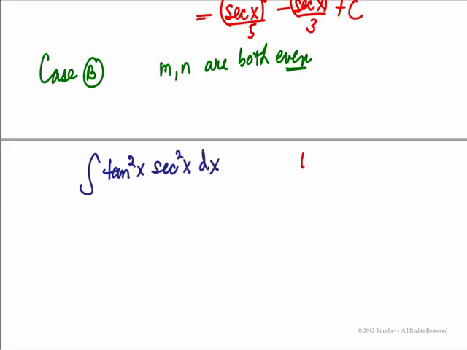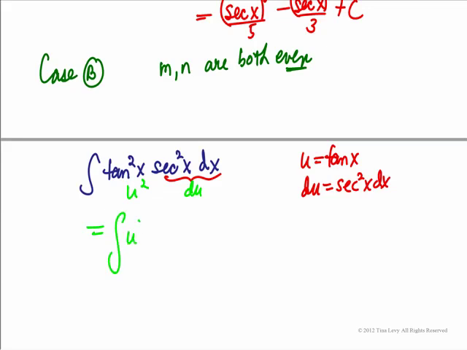My choice for u in this one would be tangent, because then the secant squared dx is my du. This now becomes u squared du. So this is the integral of u squared du, which is u cubed over 3 plus a constant. And it works out nicely. This becomes tangent cubed x over 3 plus a constant.